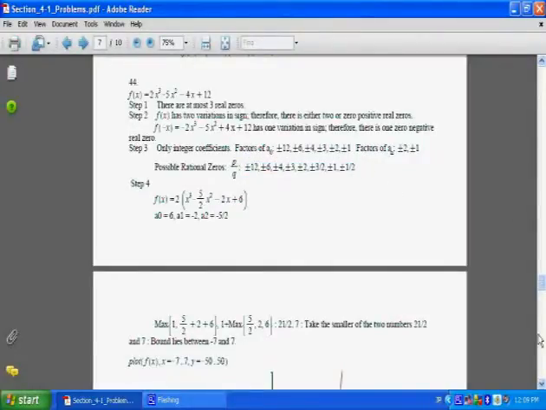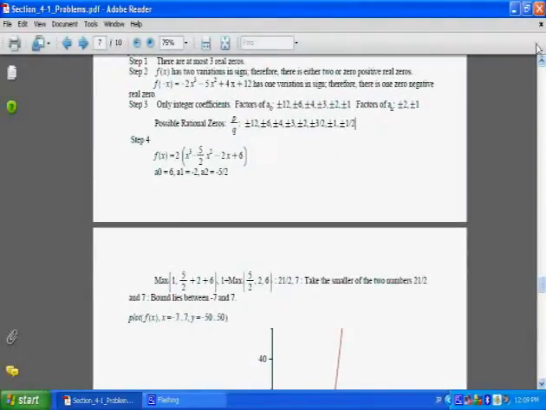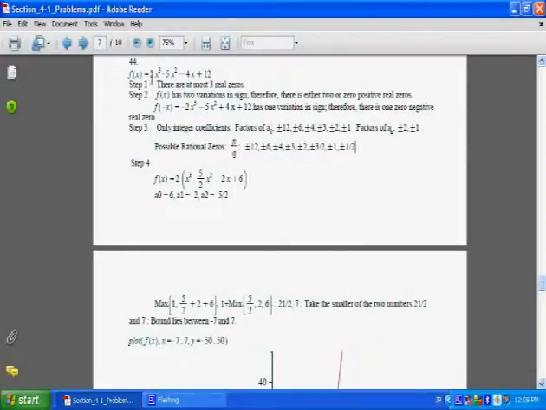And then step 4 was determining the bounds. To do that, remember that you take the last term and all of the coefficients of the terms, but you don't use the very first one. Actually, you have to factor out a 2 first, because the leading coefficient has to be 1.